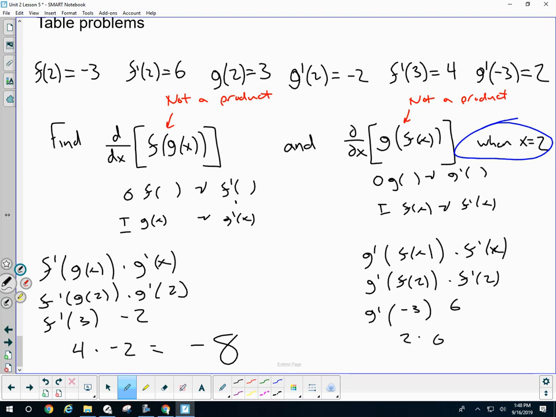I get 12. f of 2 is negative 3. g prime of negative 3 is 2. Cool?